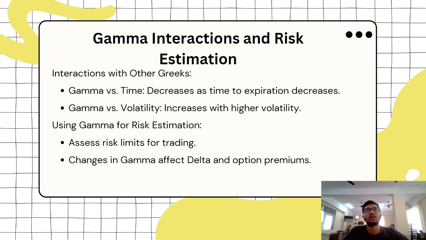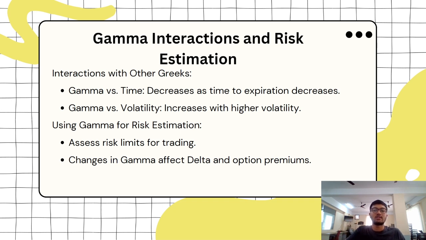So if India VIX is going up, I was telling you about the India VIX, right? If you want to do options, you should look at the VIX. If the VIX is above 15, then you should go for option buying because there's higher volatility and more chance of making money in options. So a rise in volatility will make gamma eventually increase.